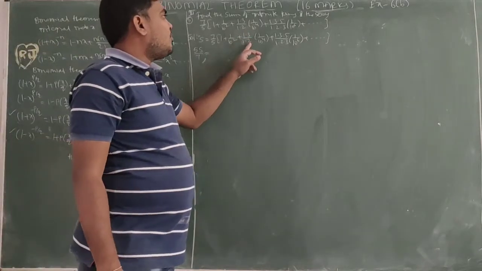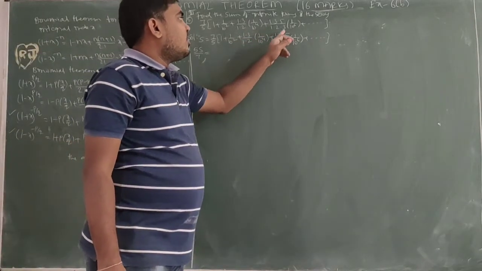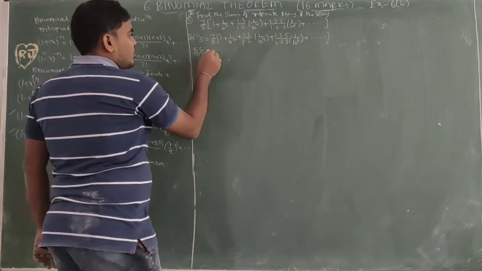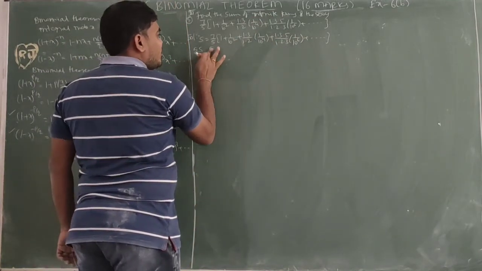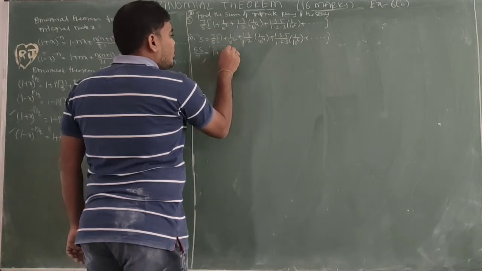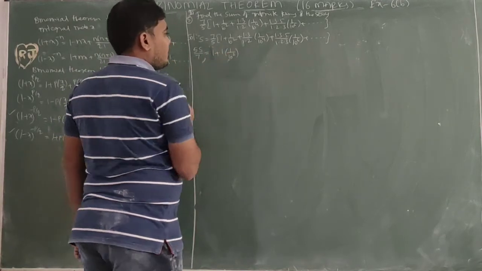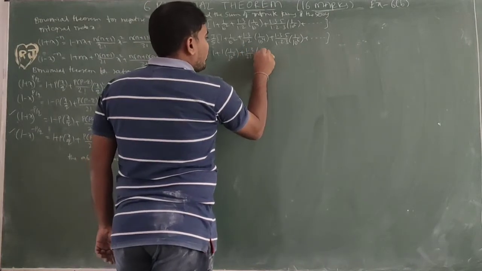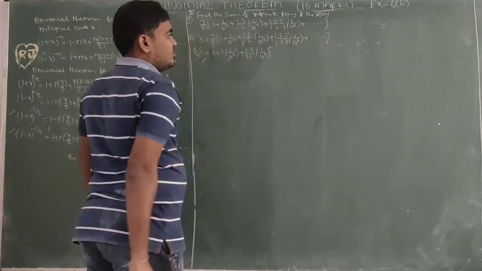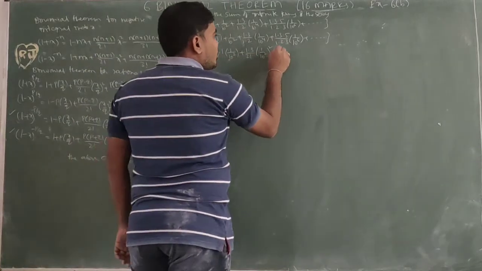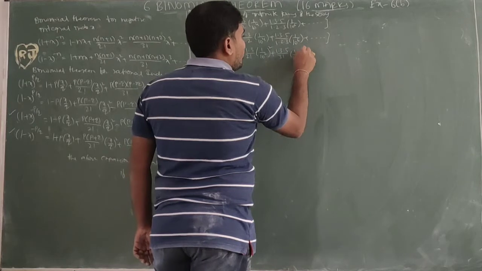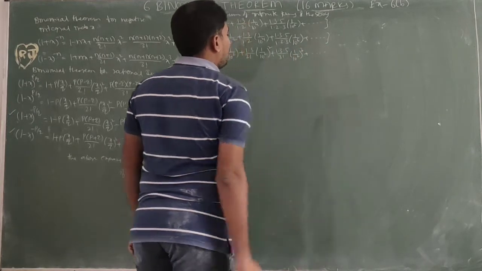Actually here it is 2 times 2 factorial whole power 2, 3 times 3 factorial whole power 3. So I write this as 1 plus 1 into 1 by 10 square, 1 into 3 by 2 factorial into 1 by 10 square whole square, 10 power 4, 1 into 3 into 5 by 3 factorial times 1 by 10 square whole cube, plus up to so on.